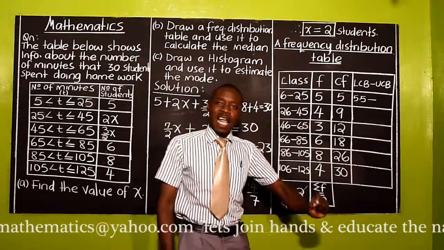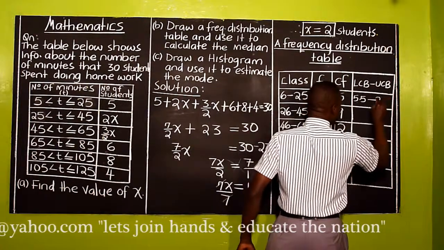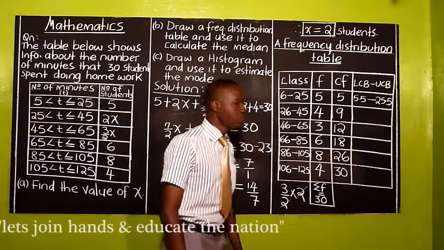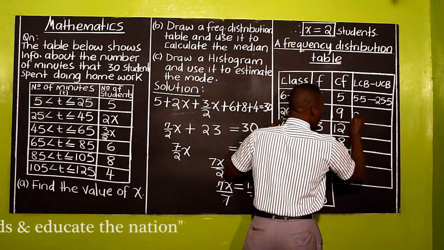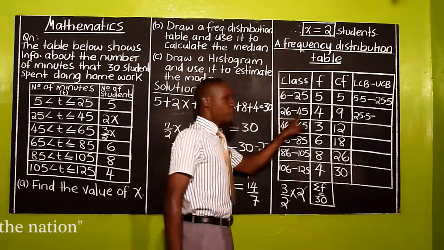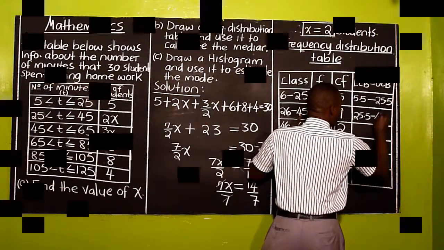So 25 plus 0.5 will give you a 25.5. 26 minus 0.5, you get your 25.5. 45 plus 0.5 to give you a 45.5.